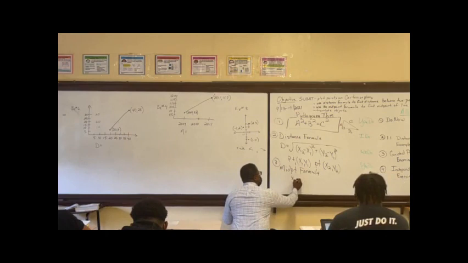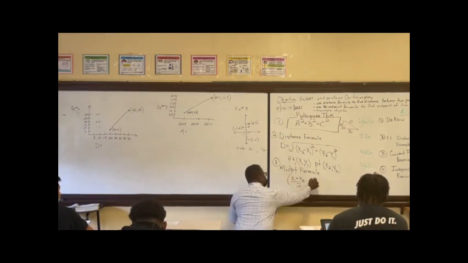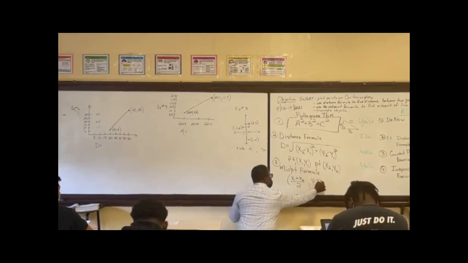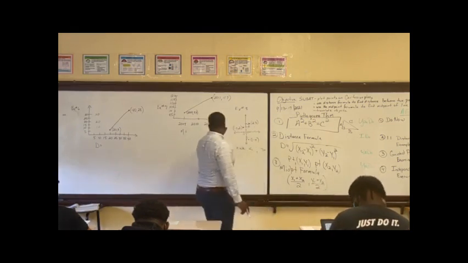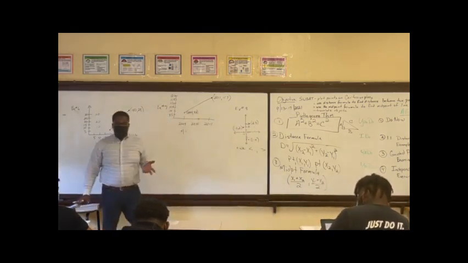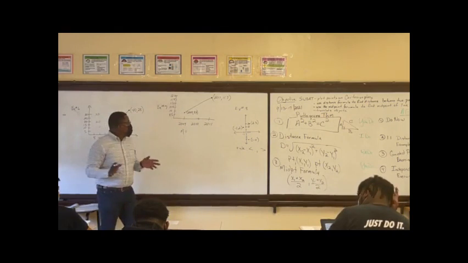You take x1 and x2, add them up together, and divide by 2. We take y1 and y2, add them up together, and divide by 2. Basically, we're taking half of it.